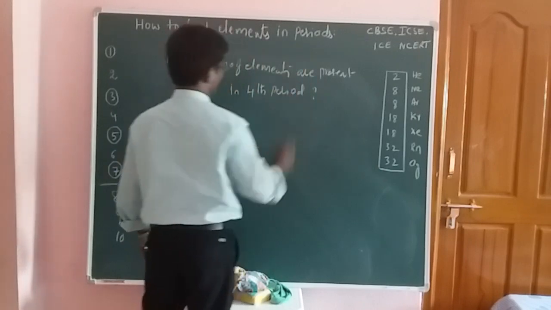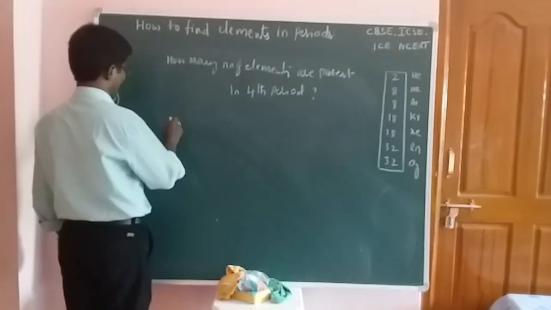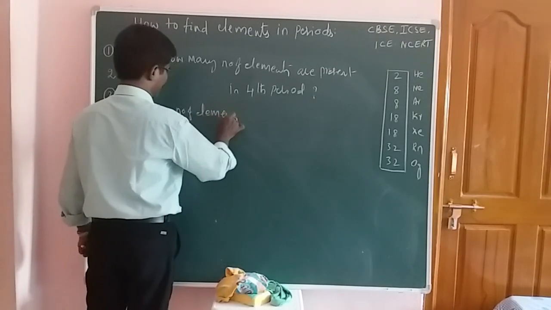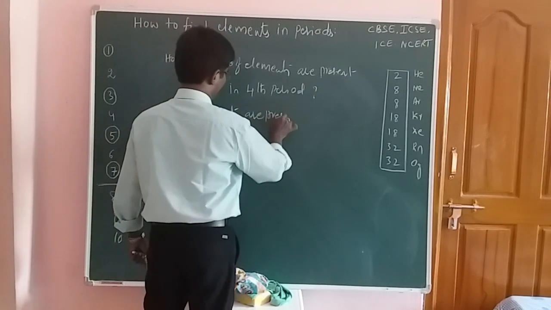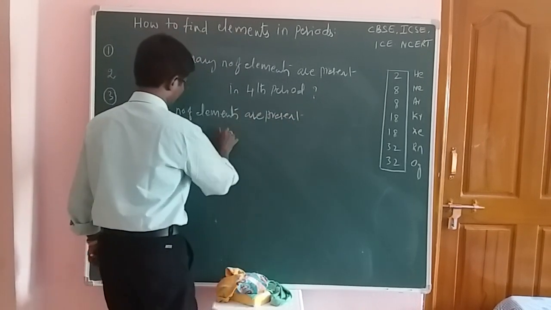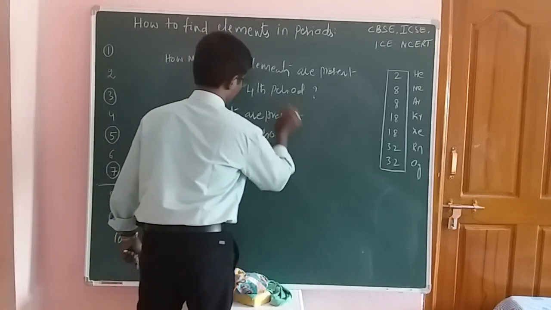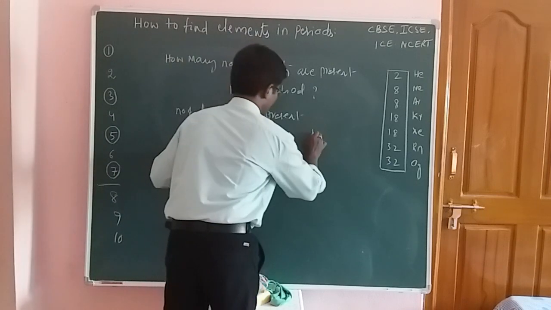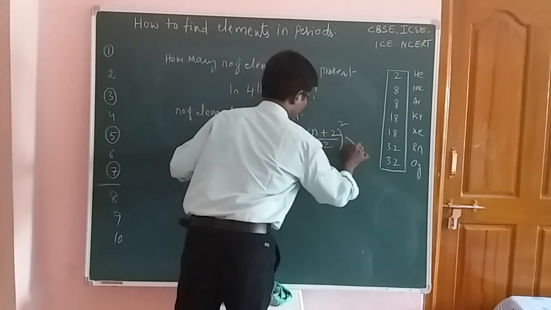Okay, friends. Now here how to use the formula. The number of elements present in the fourth period is equal to, so fourth period means even number, ((n plus 2) upon 2) whole square into 2.